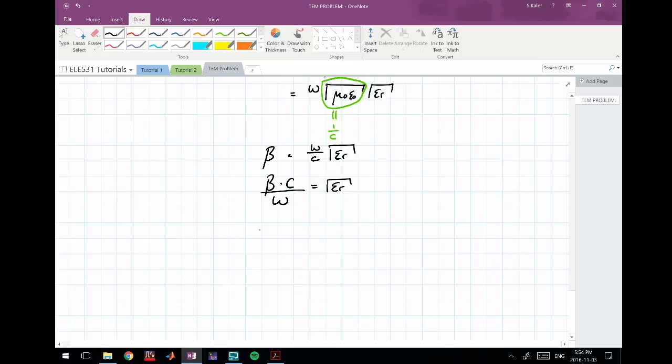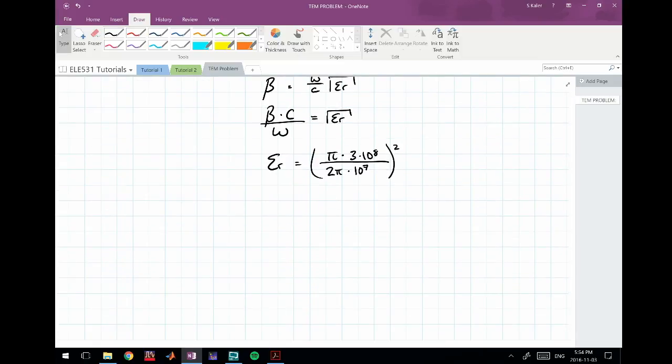And now, let's go ahead and just do it this way then. Epsilon r is going to be pi times 3 times 10 to the 8 divided by 2 pi times f, which we said was 10 times 10 to the 6, so 10 to the 7. And now this whole thing squared.